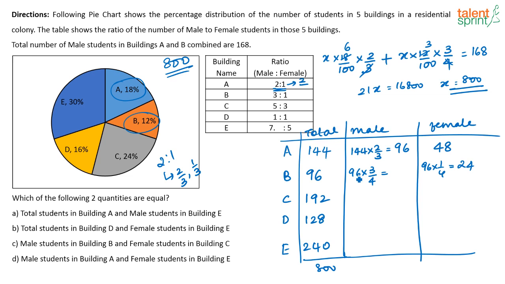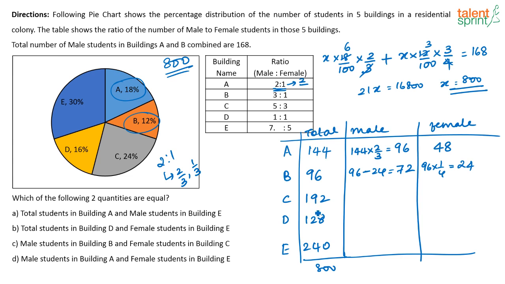So 96 minus 24 will be the answer that you are looking for here, 72. If you solve any one, you can automatically find out the other one. That will help us in reducing the calculation.